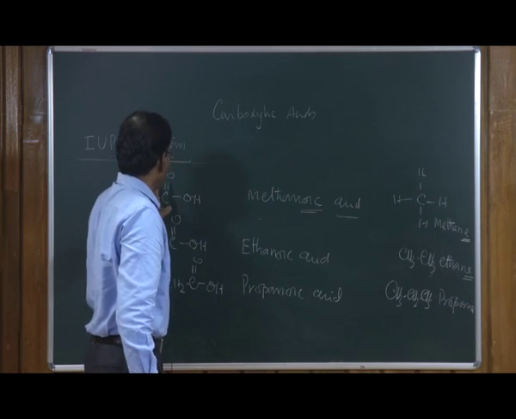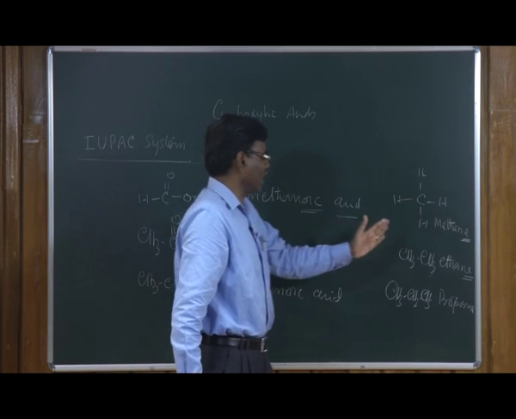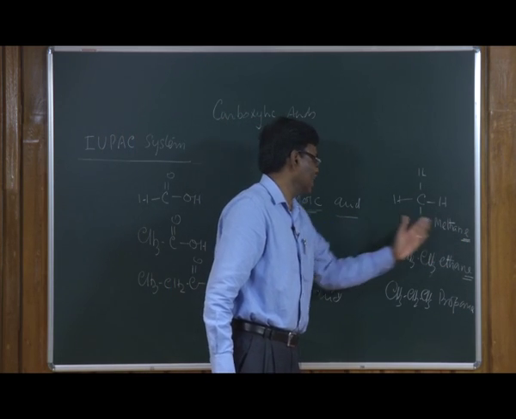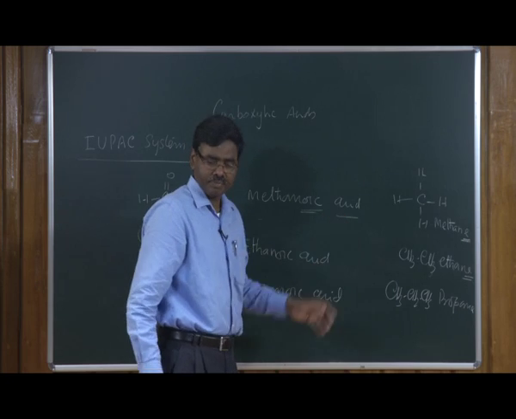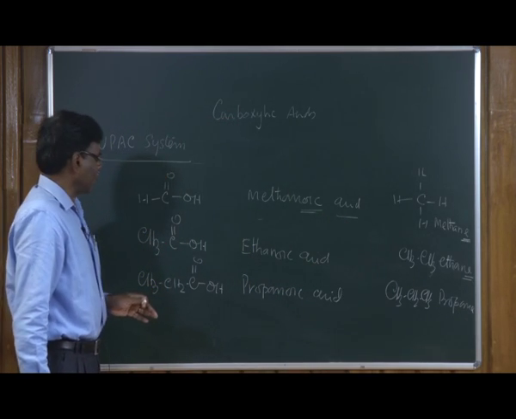Basically, in the IUPAC system, the names of carboxylic acids have been derived from the corresponding alkanes by replacing the suffix E with OIC acid. And these all are examples for aliphatic carboxylic acids.